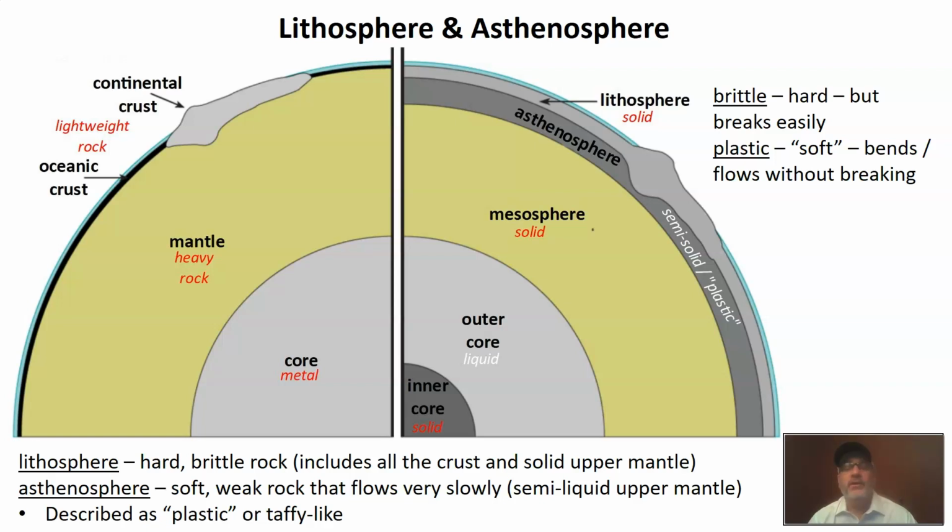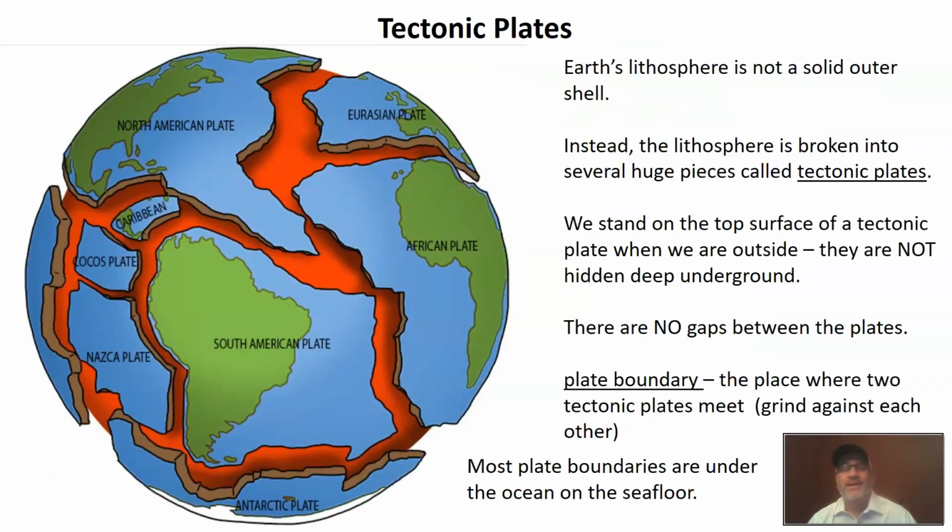Whereas our asthenosphere is more toffee-like or taffy-like. It's going to bend and be able to flow very slowly without breaking. And so those two properties, along with their state of matter, have a big effect on tectonic plates. So what is a tectonic plate?